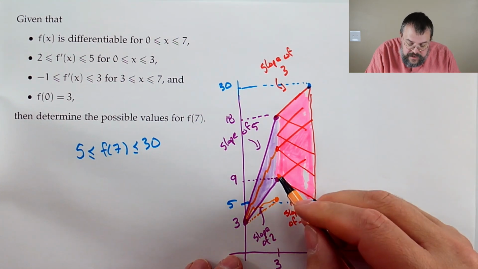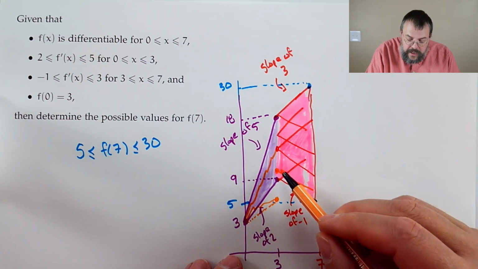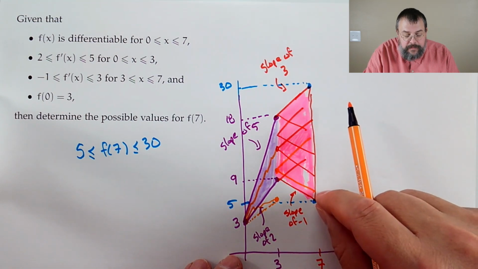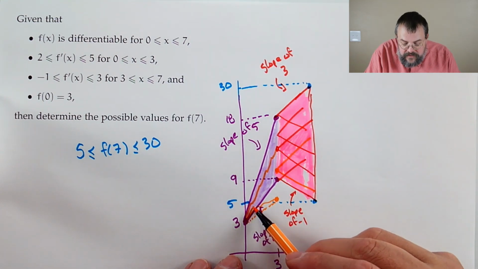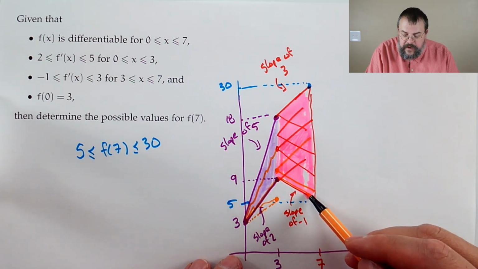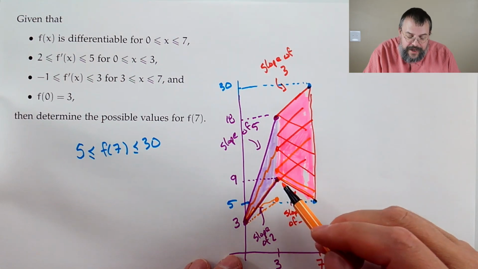Because if I got even just a little bit up here, then I'd be stuck. I could not get down to 5 because there'd be a little gap. So I'd have to follow the very bottom edge. And similarly, I'd have to follow this very bottom edge, which would mean what would be true at that point?